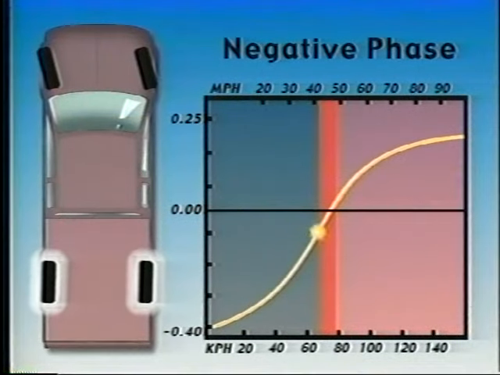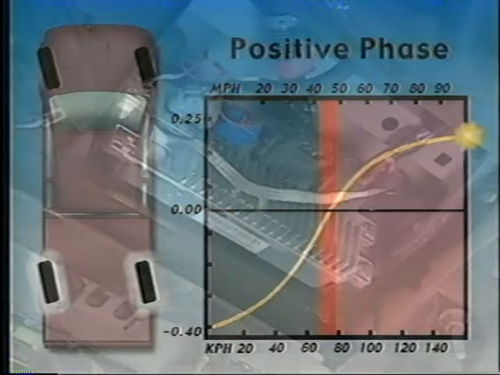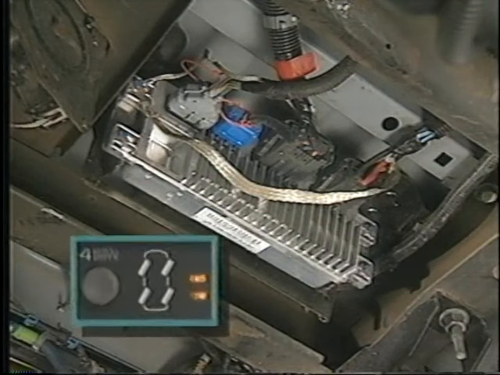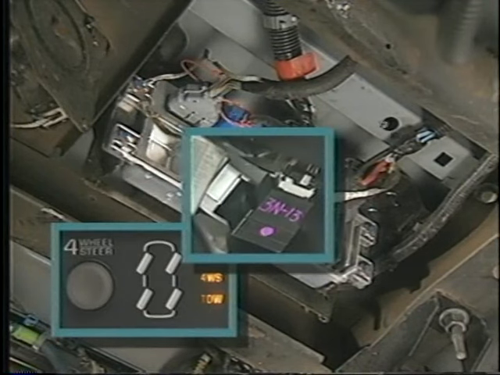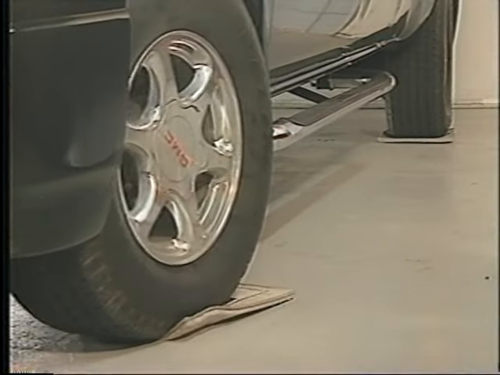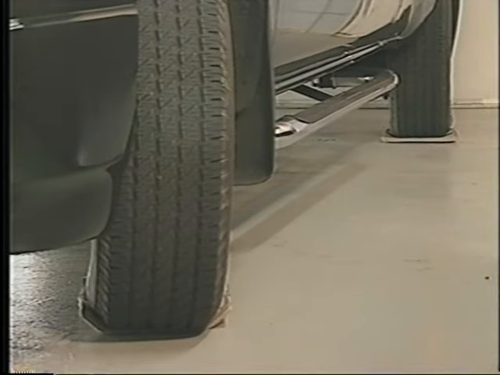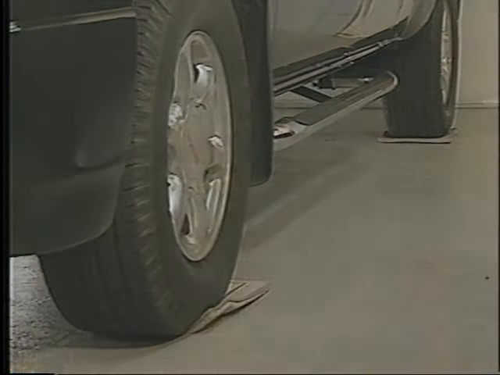The amount the rear wheels are steered in either direction is based on an algorithm programmed into the control module. This algorithm takes into consideration the mode of operation selected, the position of the steering wheel, and the vehicle speed. The control module then processes this information and turns the rear wheels. At a slow speed, the wheels turn the opposite direction, or in negative phase. At a higher speed, the wheels turn in the same direction, or in positive phase.